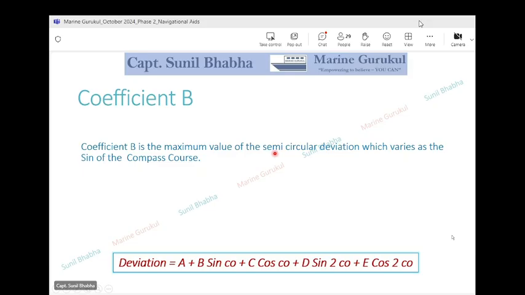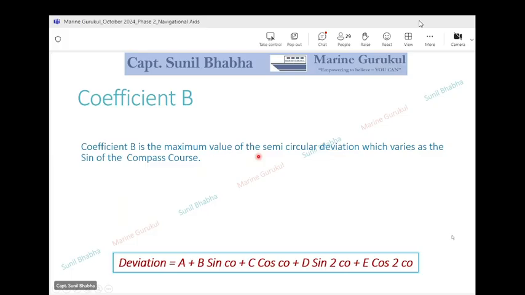Now, what is the meaning of semicircular deviation? Now we know one circle is 360 degrees. So if a deviation carries the same name over the entire 360 degrees, if it is east and it remains east for the vessel heading on the entire 360 degrees, it is called a circular deviation.